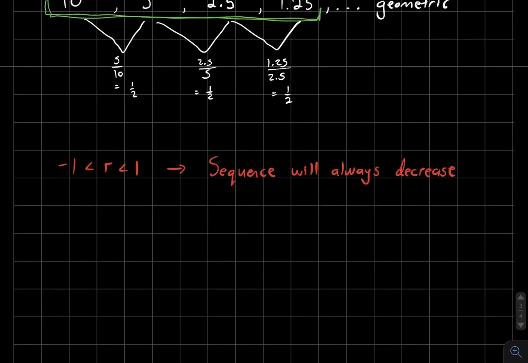Like in this example, our r was 1/2, and 1/2 lies within this interval here. So we would expect it to decrease because it satisfies this inequality here.